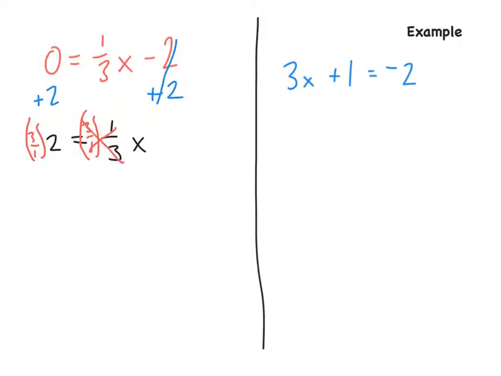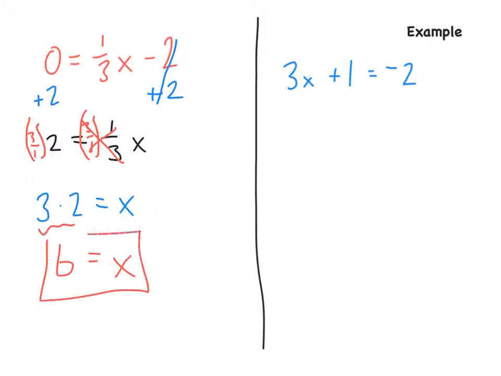So those cancel. 3/1 can basically be rewritten as 3, times 2 is equal to x. And 3 times 2 is equal to 6. So 6 is equal to x, and this is our final answer. Now what I want you to do is try the second one by yourself. Pause the video. Unpause the video when you're ready to see what I have done.